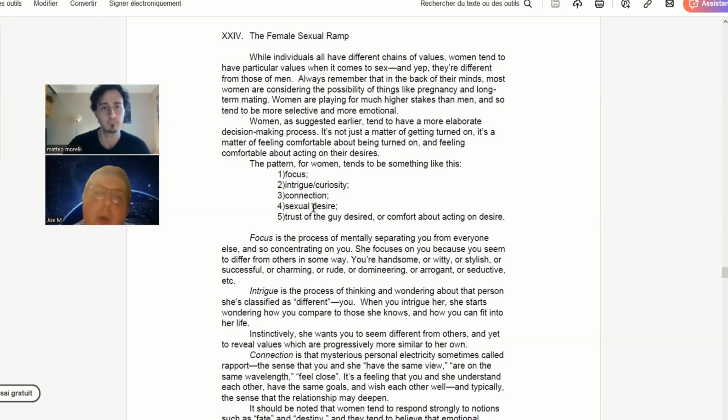Is that for cold approach or for warm approach, like social circles or complete strangers? Both. The point is I was not really trying to build those things, this whole sequence, when I was just meeting her and I didn't know I had a guaranteed long time with her. If we are in the cold approach, I just met her, but I know there is a way we can have a long conversation, then I know it is on and I'm going to build all those states one at a time.